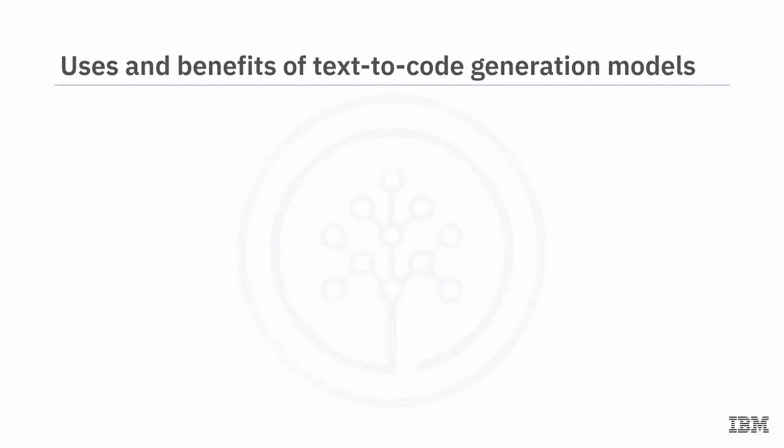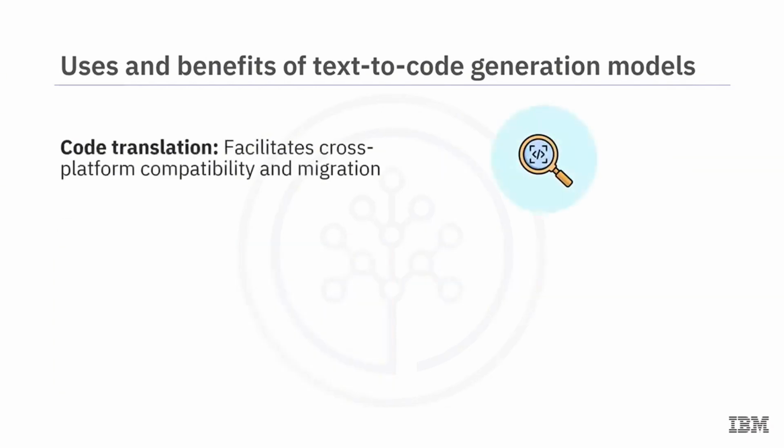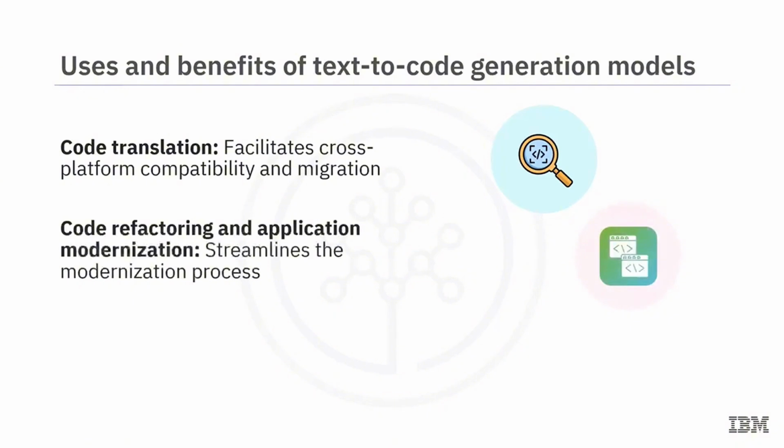That's not all. Text-to-code generation models can also facilitate code translation by automatically translating code between different programming languages, facilitating cross-platform compatibility and migration. They assist with code refactoring and application modernization by automating the identification of outdated or inefficient code segments and suggesting optimized replacements, streamlining the modernization process.